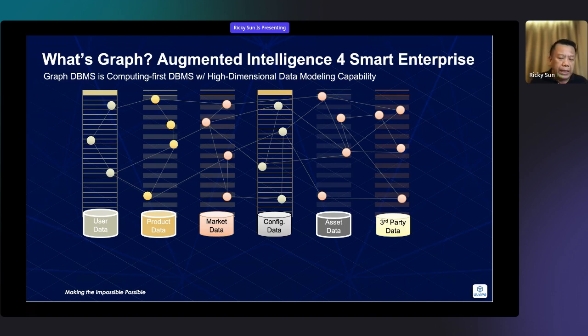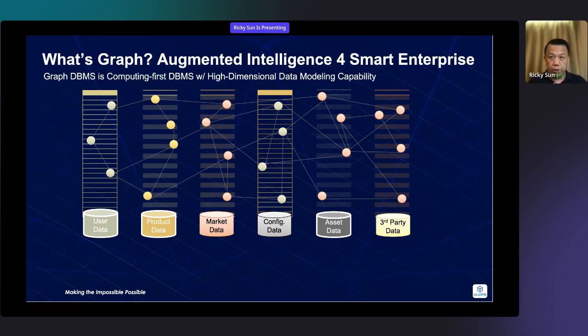Also, we believe if we are building a graph database management system, it should be computing first. This is the part very different from other or traditional database management systems. Computing first. Previously, we were only focusing on storage.